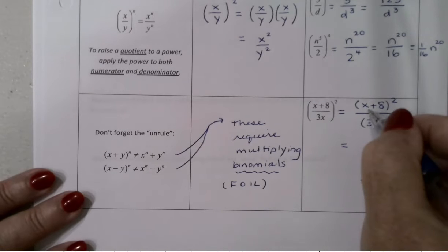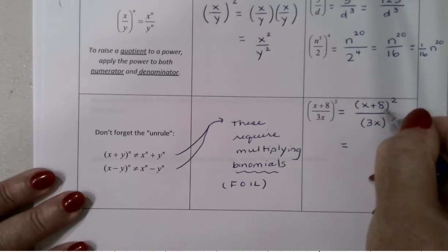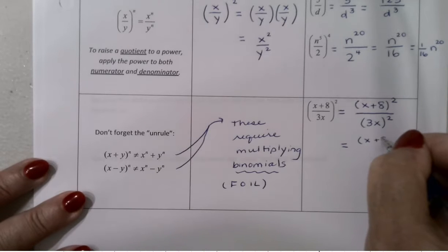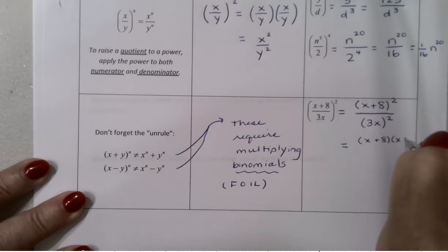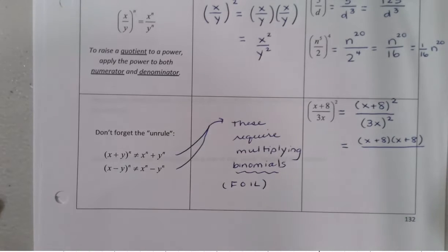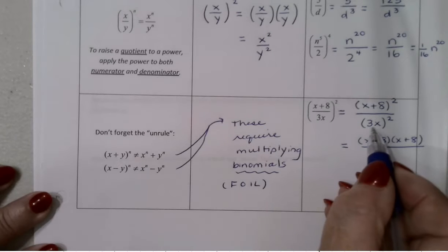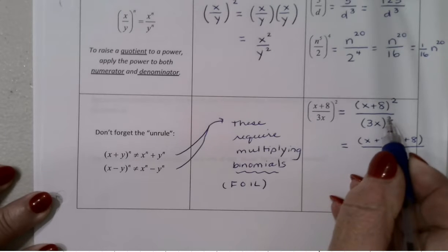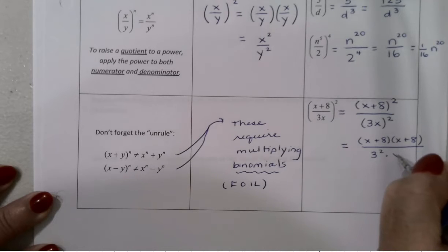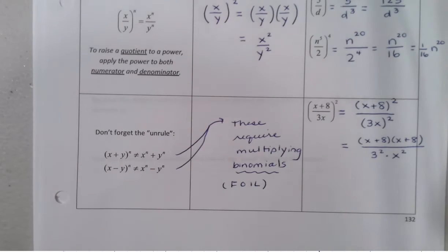Now on top, because it's a sum, I can't just square the term separately. I really have to multiply out (x plus 8) times (x plus 8). On the bottom, you can either write out 3x times 3x, or because this is a product, it is okay to say square each factor separately, right?